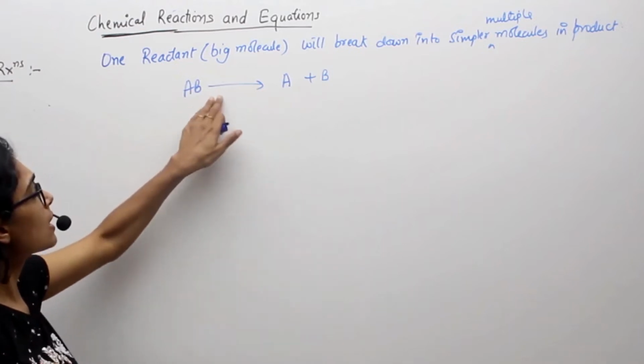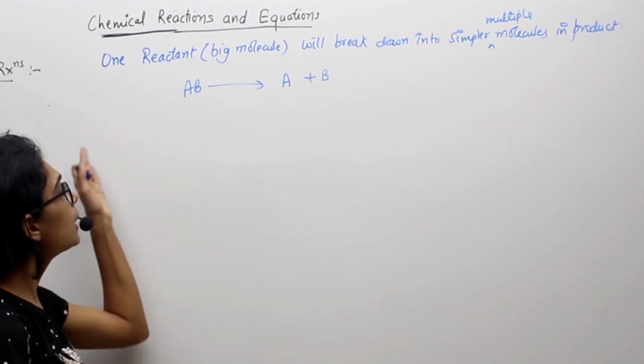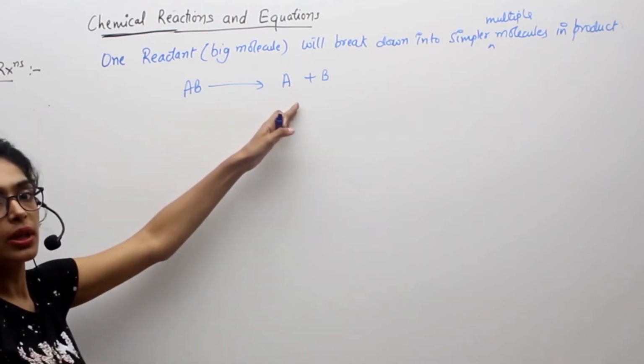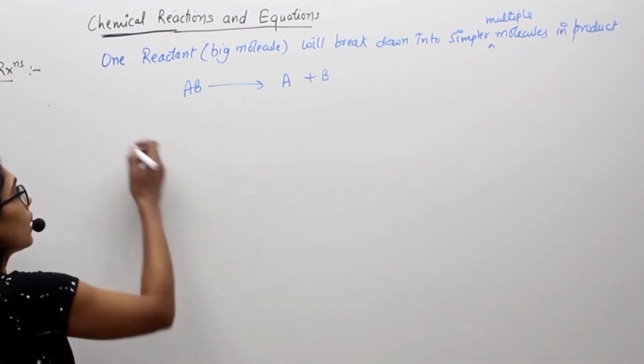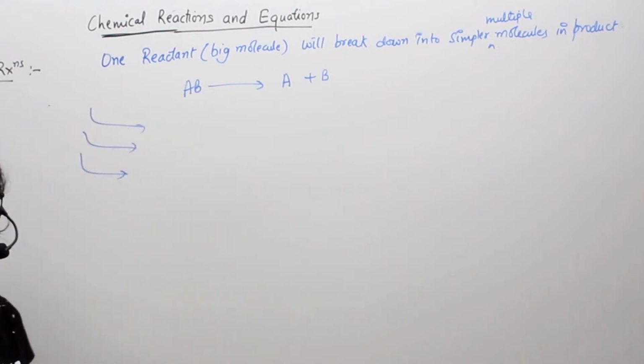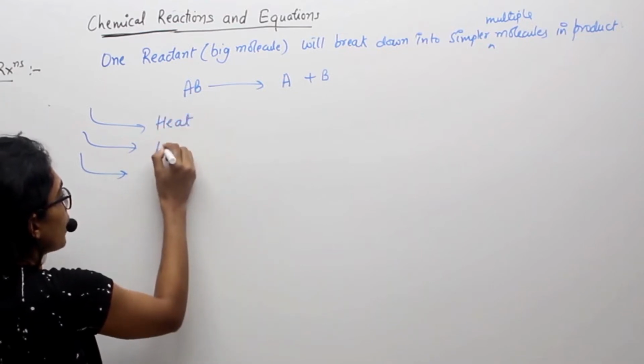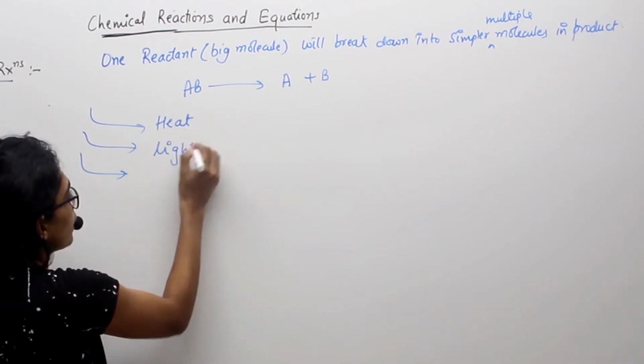Now what causes this reaction to happen? There can be multiple things which can lead this reaction towards the product side. And what are those conditions? Decomposition reaction can take place in the presence of heat, light, and electricity.